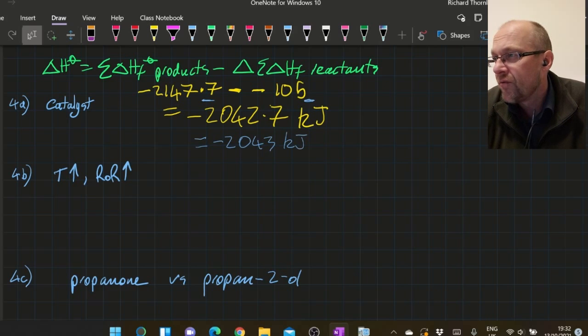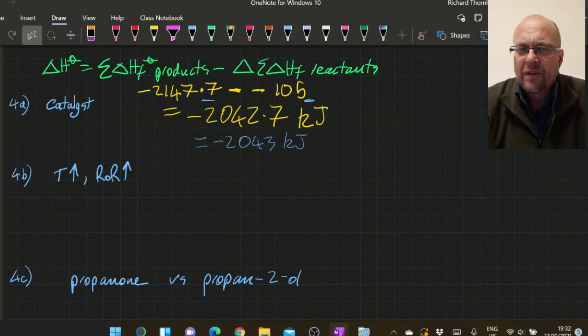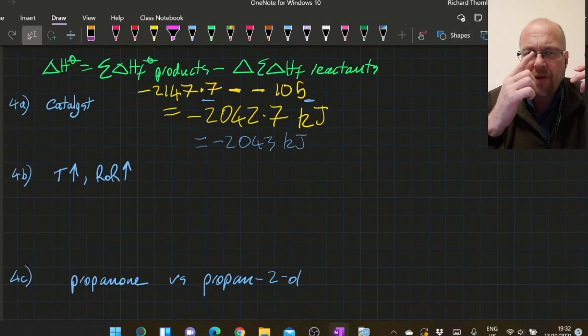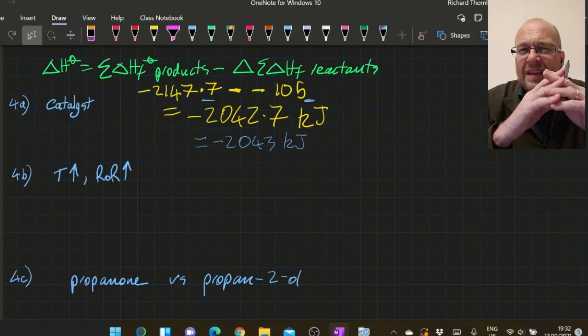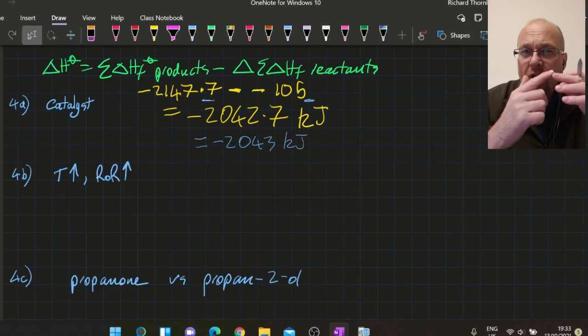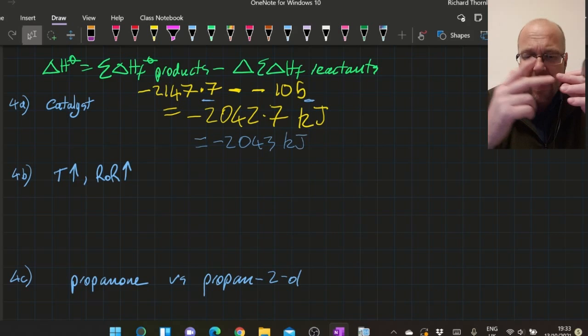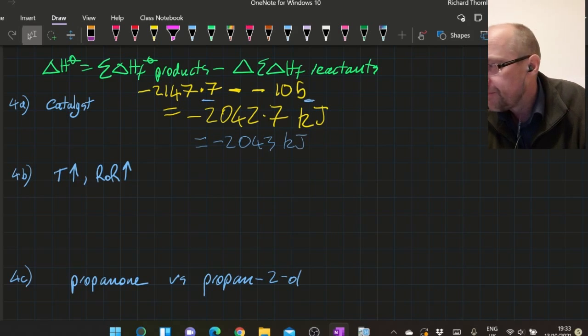Oh, you needed both for the point. That's cheeky. Since normally that's 1 of those for the point, and now you need both of those, I think this exam must have been a bit easy, so they're trying to make the exam a little harder than the mark scheme. So alternate reaction pathway with a lower activation energy for 1 point.